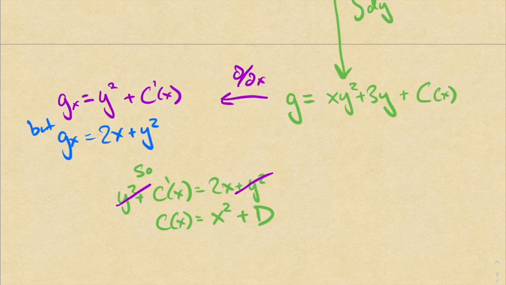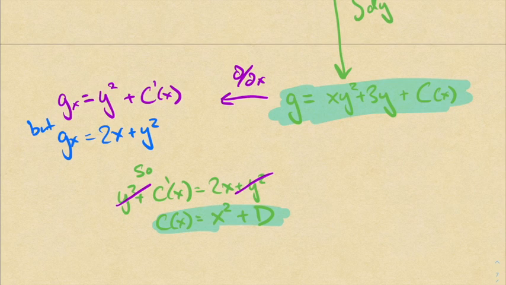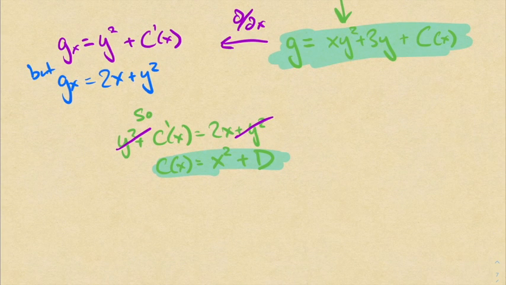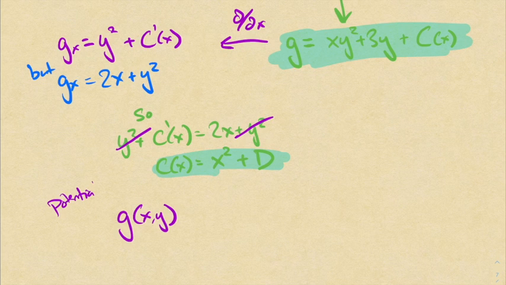So once more, we said g looks like this, which involves this function that might depend on x, c of x. And then we found what c of x would be. So combining all that, our function g of x, y, our potential, I don't mean to say this is a candidate.